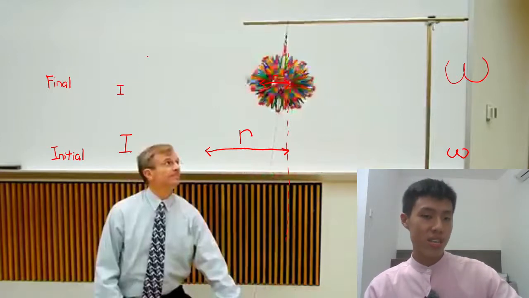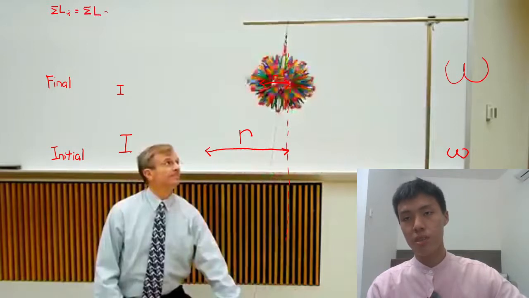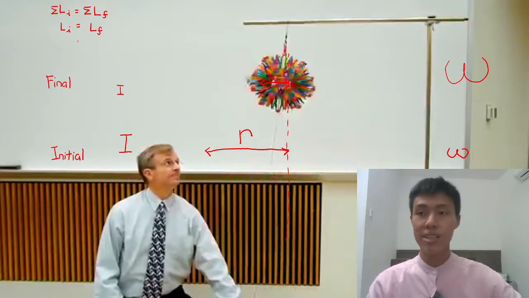Okay, so as you can see, this is a practical application of the principle of conservation of angular momentum, because if I say the sum of the angular momentum initial should be equal to the sum of the angular momentum final, there's only one object, that's why I can remove the sum. Let's call it initial angular momentum equals the final angular momentum.